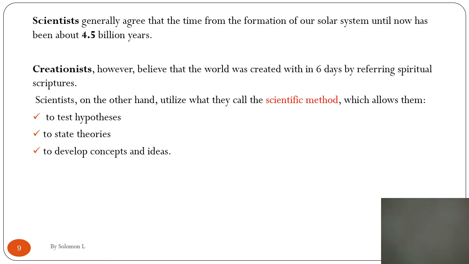Scientists generally agree that the time from the formation of the solar system until now has been about 4.5 billion years.